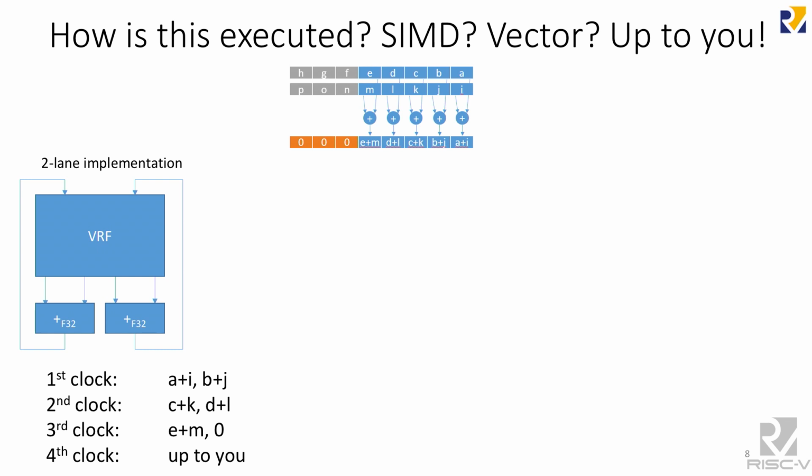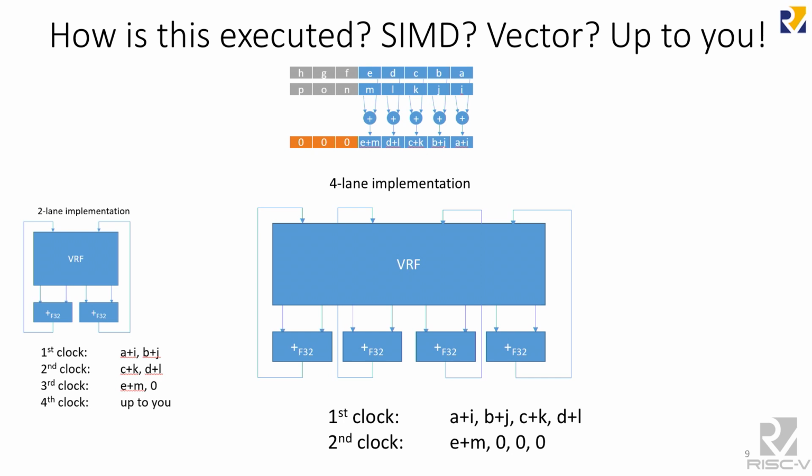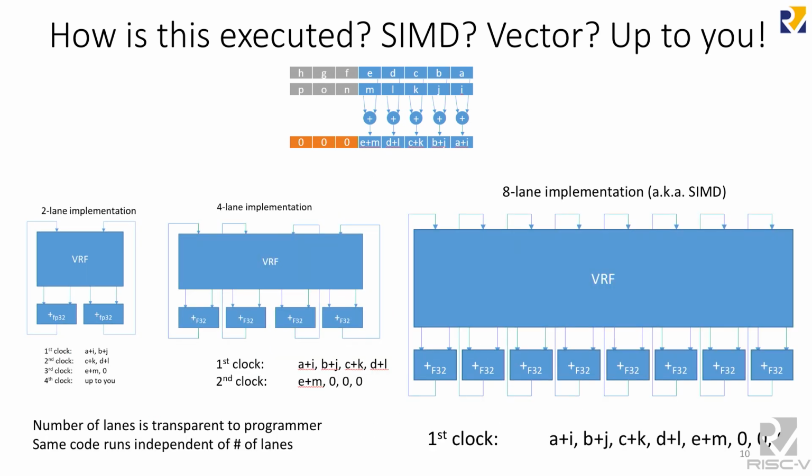Now, you could also say, no, that's not my market. I need 4 floating point adders. No problem. We call that a 4-lane implementation. And in this case, you would just take 2 clocks, right? In the first clock, you do the first 4 guys, and in the second clock, you do 1 guy and 3 zeros. But okay, you're not happy. You want to do it SIMD. Please do. I mean, don't say that we don't support you.